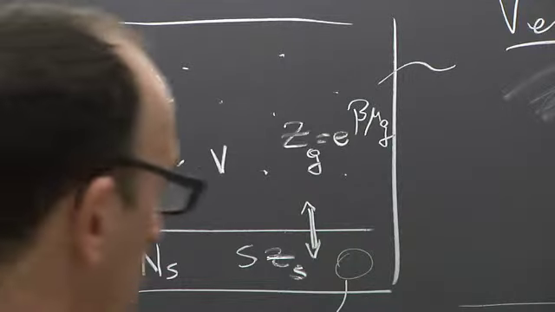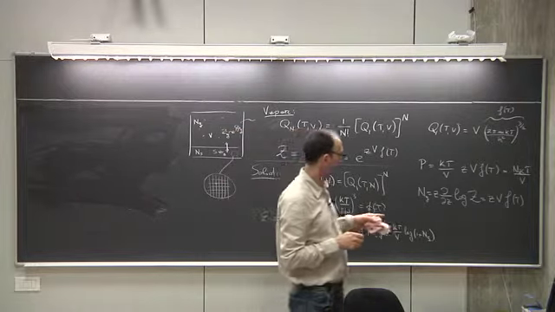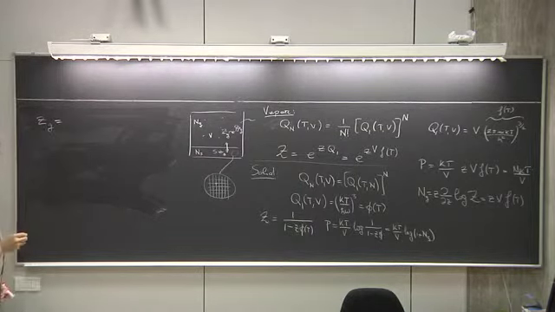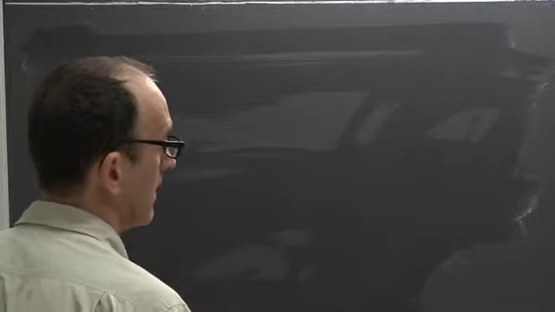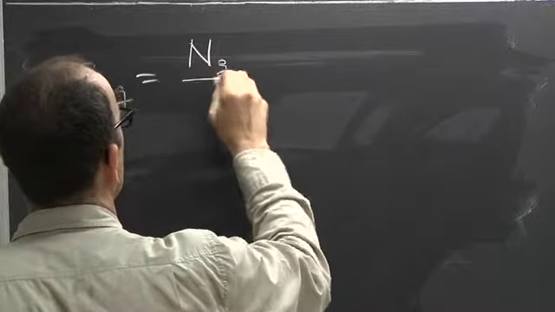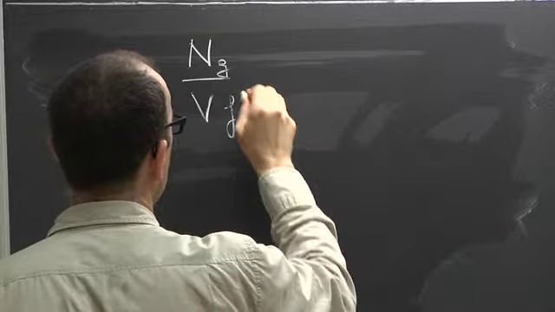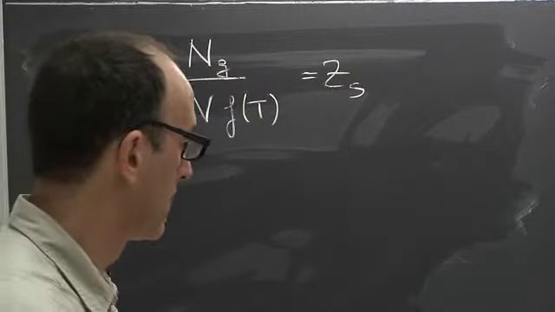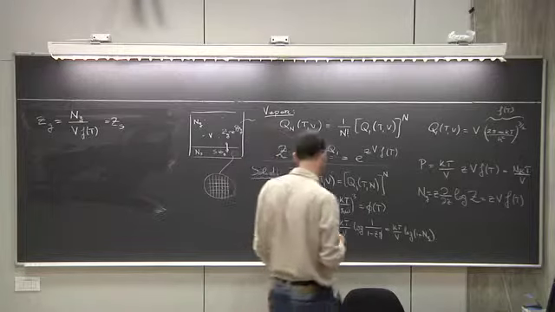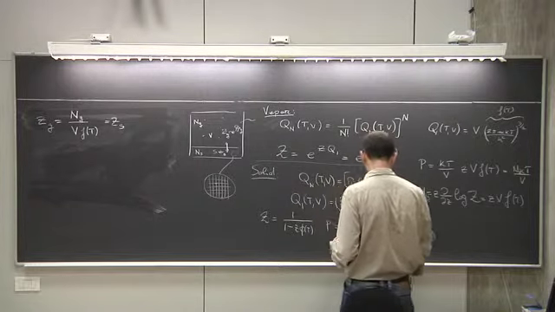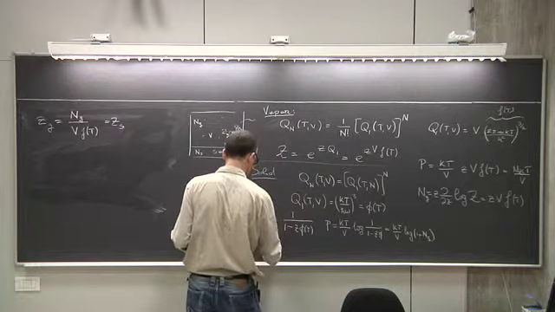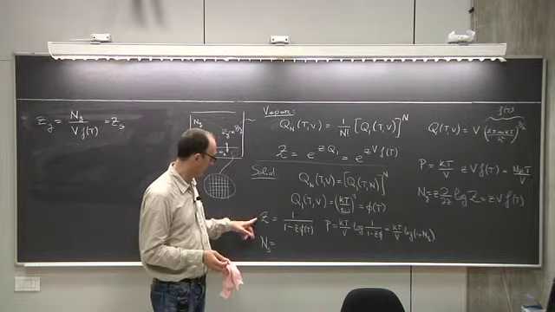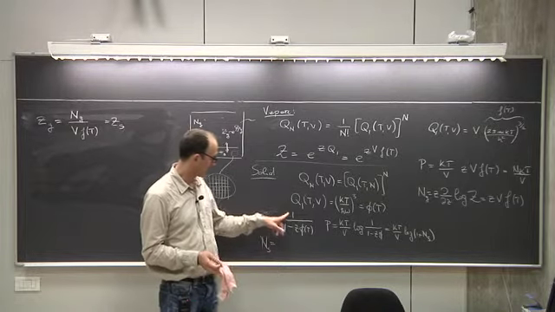And so from this equation here, you find that the fugacity in the gas is equal to Ng divided by V times f of T. And this must be equal to the fugacity in the solid, which, when you solve for the number of particles in the solid, you have to take z times the derivative of log of z by z.